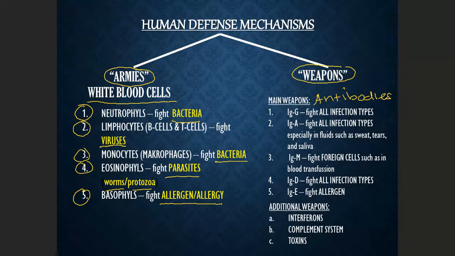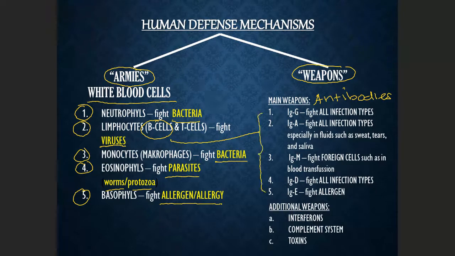And these antibodies are produced by the lymphocyte, especially the B cell. So lymphocytes consist of two types of cell, B cell and T cell. These B cells are the ones that produce this antibody.